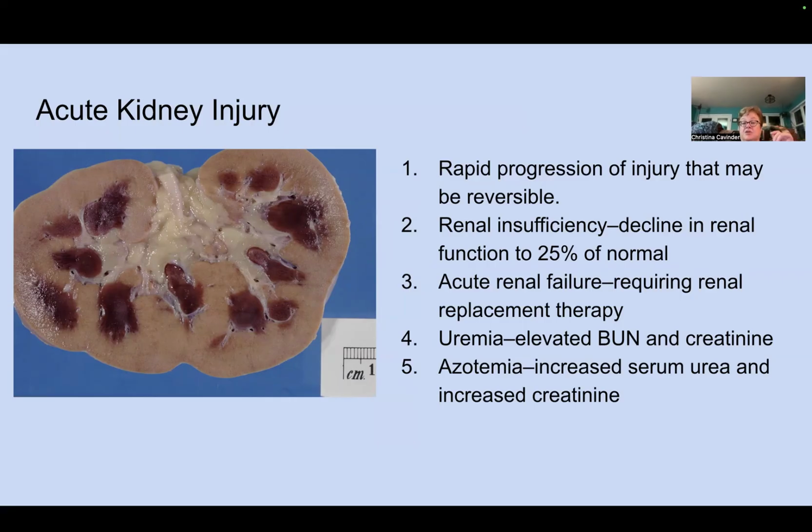Usually it's short term though, because it tends to be reversible. You'd have uremia. So you have elevated BUN and creatinine in the blood, and you also have elevated urea and creatinine, and that's azotemia.